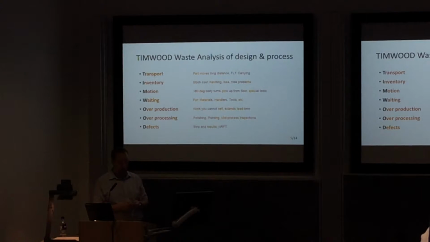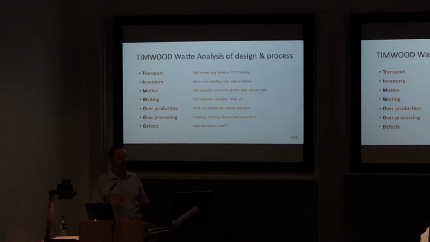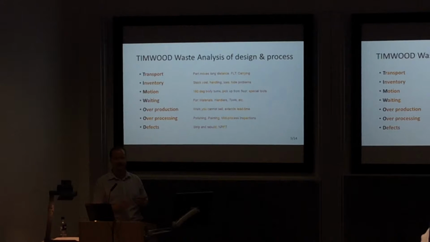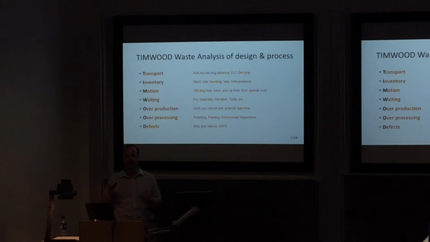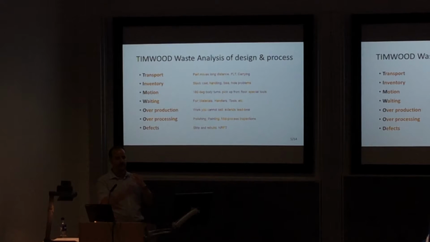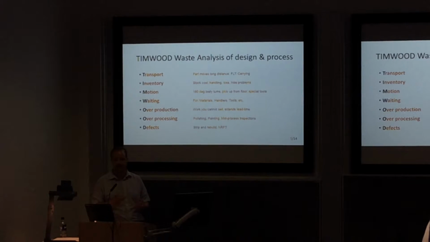This is also part of the waste analysis process, where you want to be looking at the motion, especially if it's a human being that's doing it, and saying, is there an easier way, a faster way of doing it without having to move to a position which causes difficulty. Often that involves using jigs and fixtures and investing in special tooling, where you pay the money once, but you get the benefit from it every single time it comes to doing that process.